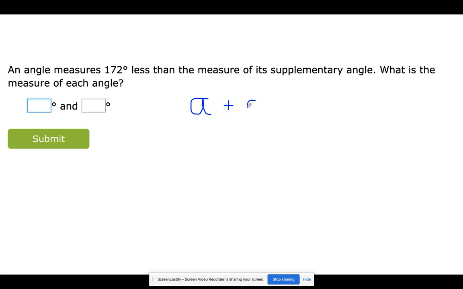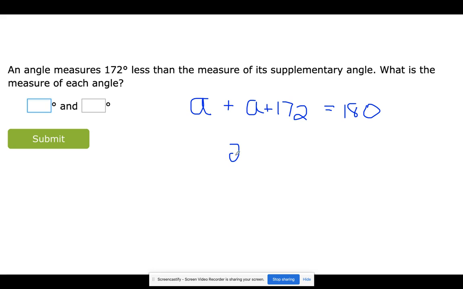Now its supplement is its same measure plus an additional 172 degrees, because remember, that unknown angle A is 172 less than, so its supplement would be 172 more than, and that equals 180 degrees, because the two added together add up to 180.